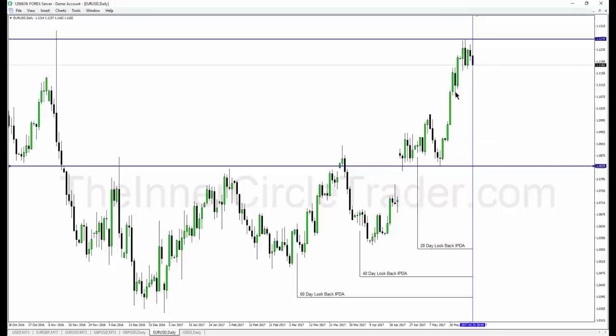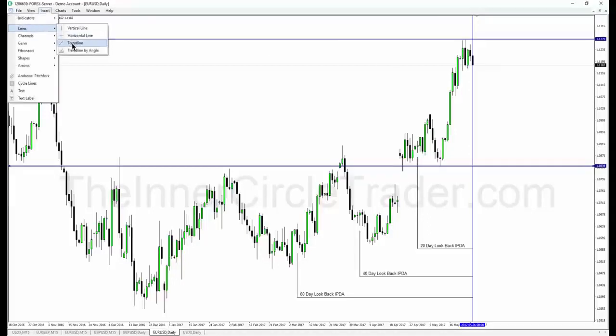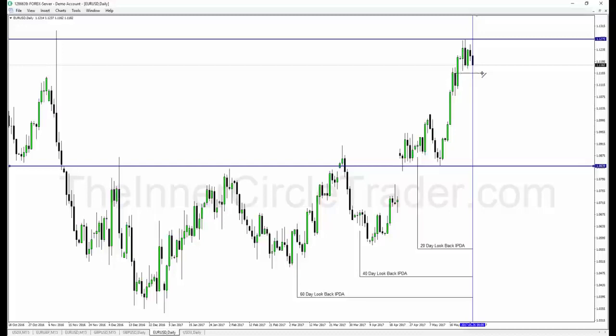So now we're going to go through and add up all the discount arrays that would be below us in price. You grab a little trend line here. We have an order block here, a bullish order block, so we have to frame that.